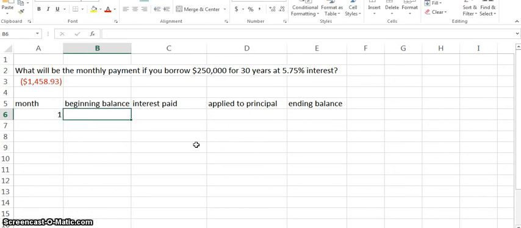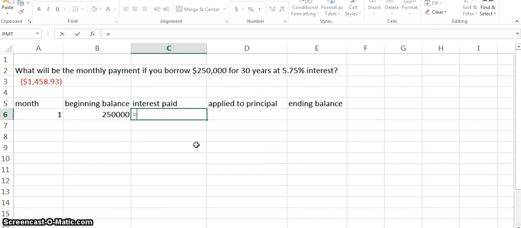So we'll start here. Excel is pretty much built for calculations just like this. So the beginning balance is $250,000. The interest paid is going to be equals the beginning balance times 0.0575 divided by 12.